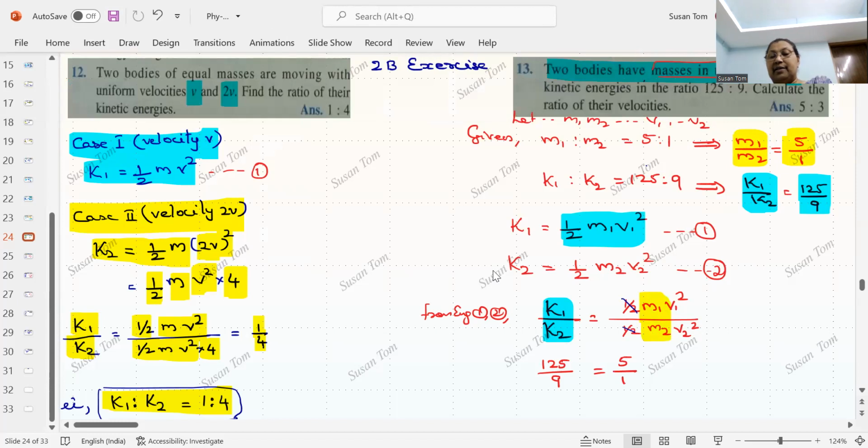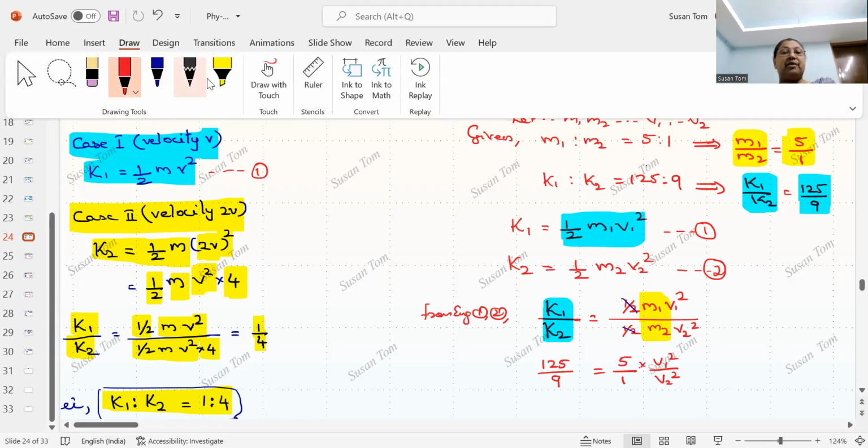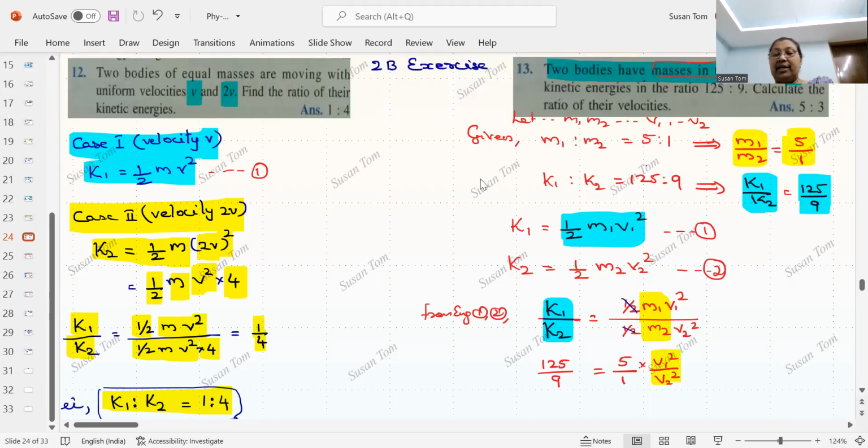And this will be v1 square over v2 square. What you have to calculate is v1 square by v2 square, and from them, v1 by v2 we have to calculate. So keep this part here, and 1 and 5 you take to the left side.